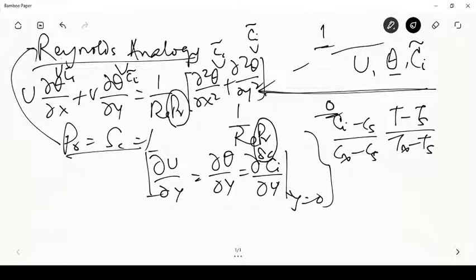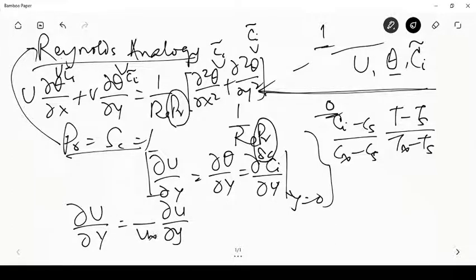When we did that, we said that del U by del Y is nothing but del u by del y, with a u infinity and LC. So u by u infinity and y by LC, that is this expression.